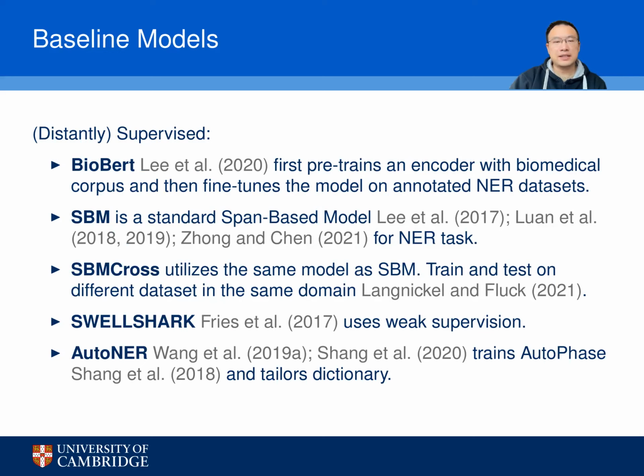The SBM is a standard span-based model for the NER task, and the SBM cross uses the same setting as SBM. The only difference is SBM cross will test on another dataset within the same domain. The Shark is a weakly supervised method, and AutoNER will train with a tailored dictionary to do the NER.